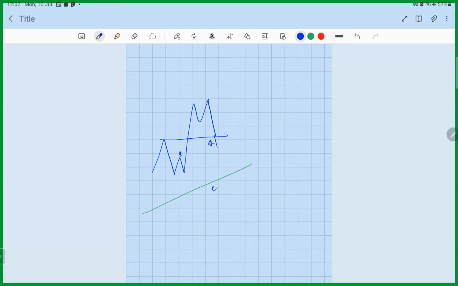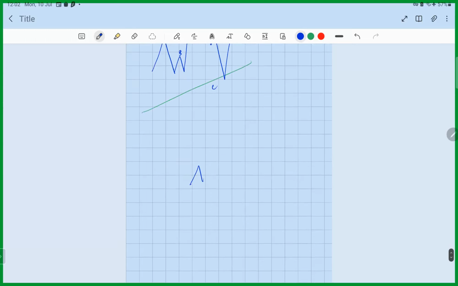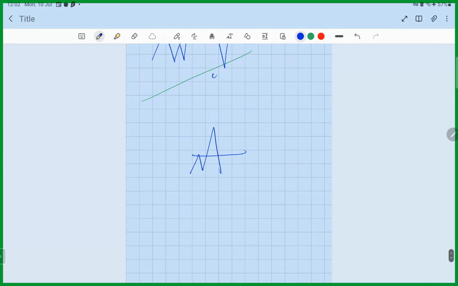Good. Okay. So over here, it's a regular HNS with no IC. Here, but then you have a trend line here. Then A, B, or C? C. Why? Because of the TL.